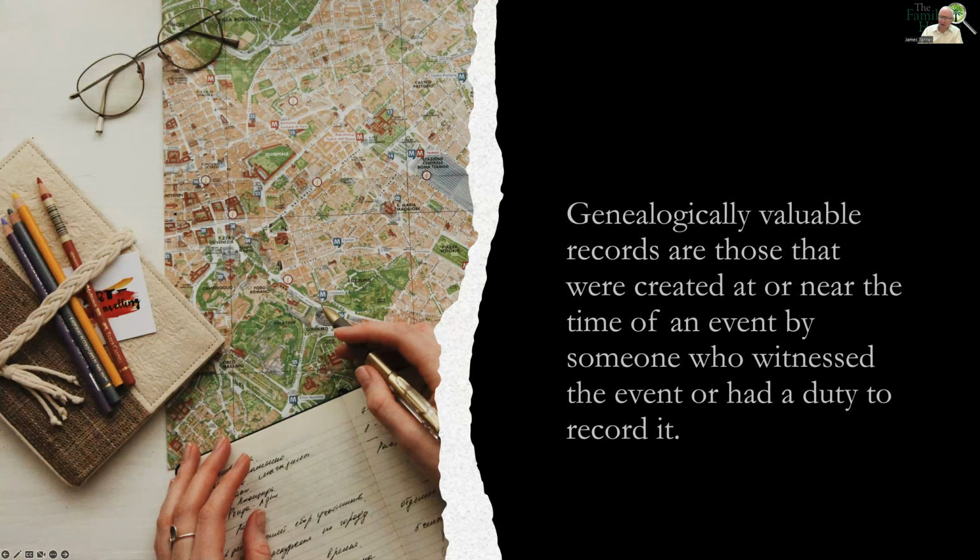But this is important because it tells you that these kinds of records are valuable because they are created by someone who was there at the event, or who had a duty, like a government official or a census taker, or somebody who was given the specific responsibility of recording a specific event in someone's life.